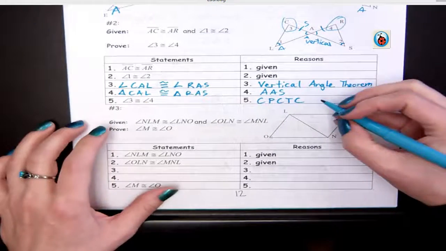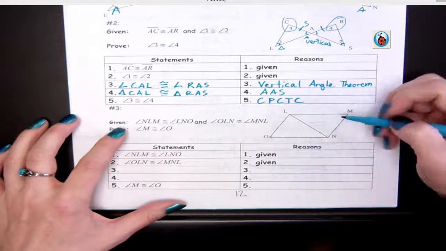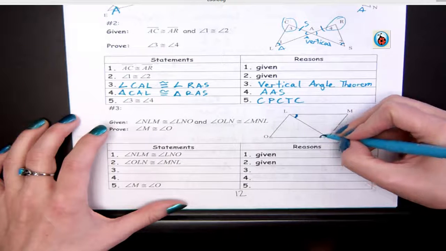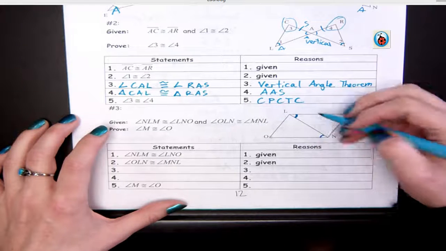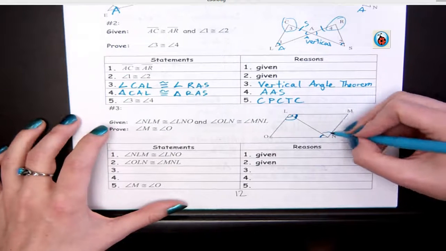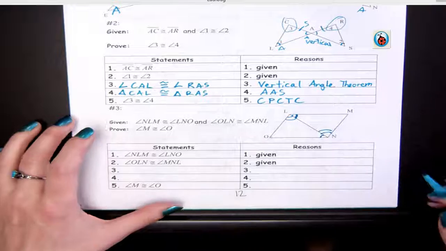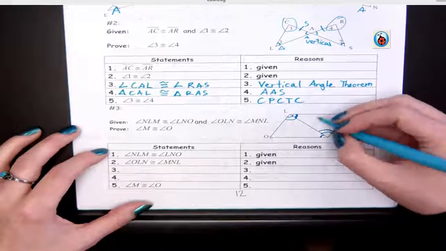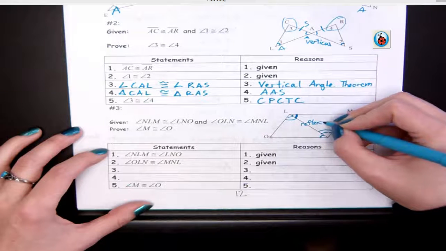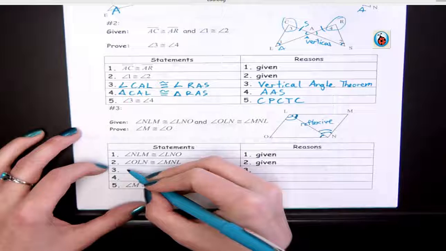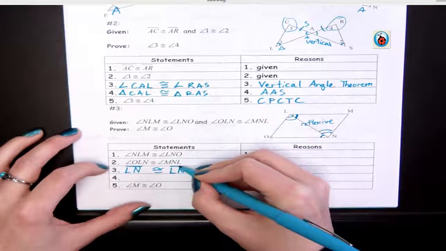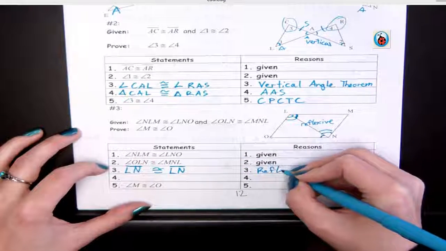Okay, so our next one we have our givens. So NLM, this angle right here, is congruent to LNO. And then OLN is congruent to MNL. So I mark them on here just because it's easier. Then I check and I have this reflexive side in the middle. And so I do LN is congruent to LN, that is reflexive.